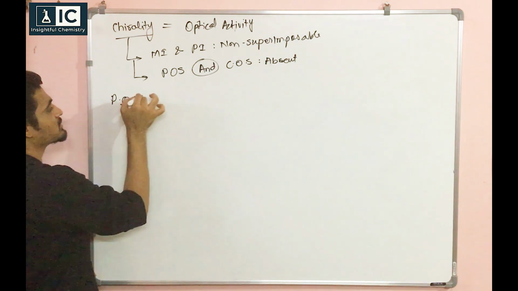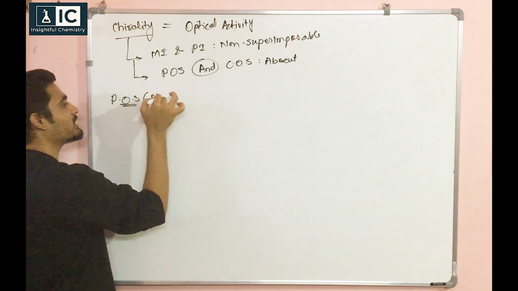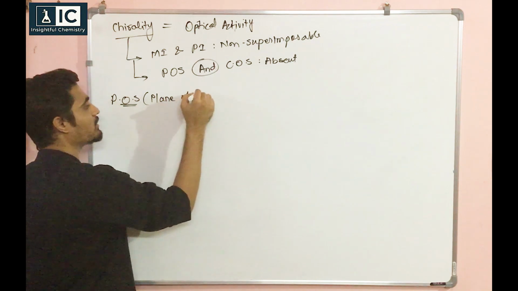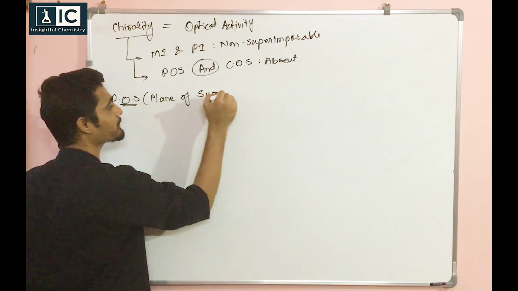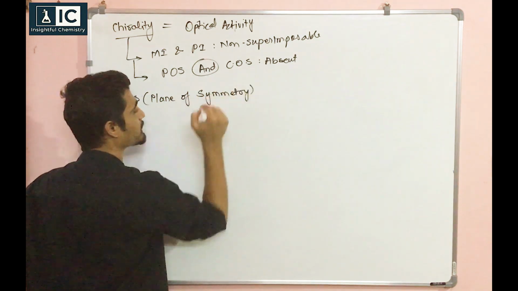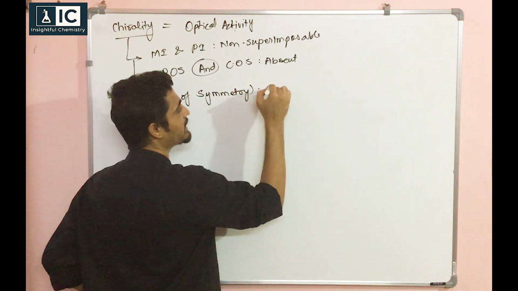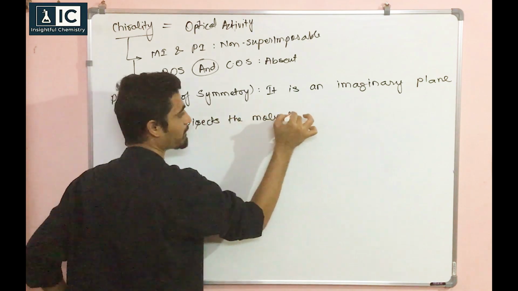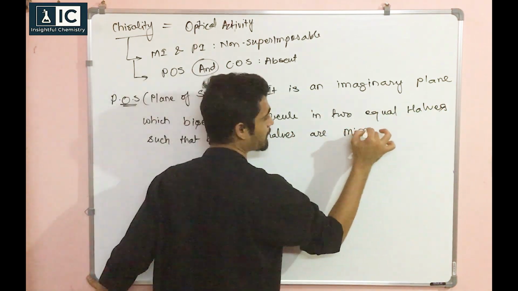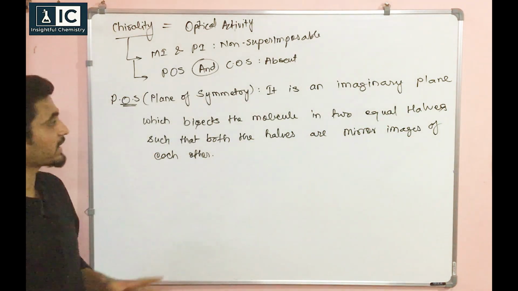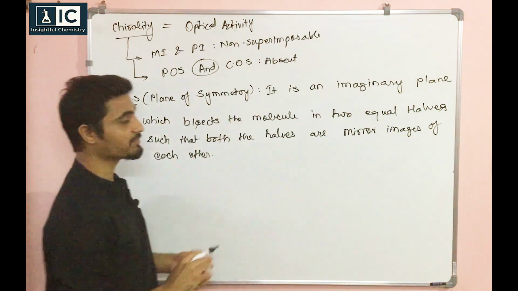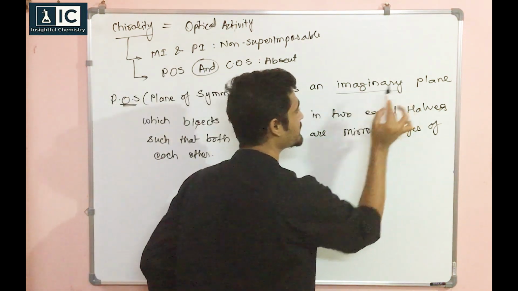So POS, what is POS? It is plane of symmetry. I'll write the definition, so you also write. What I have written is that a plane of symmetry, first of all, is an imaginary plane.